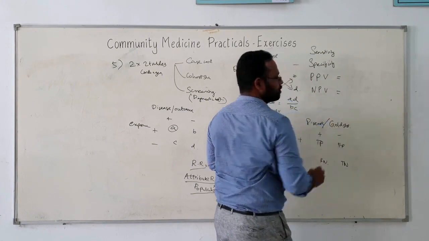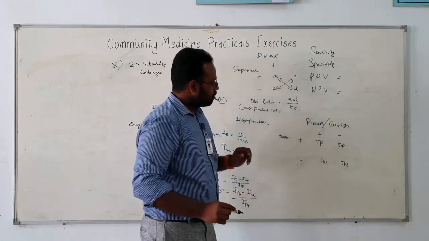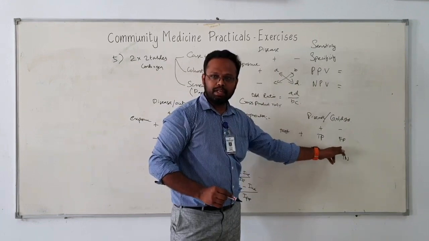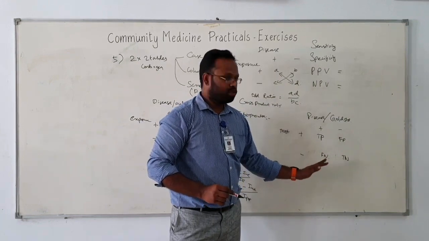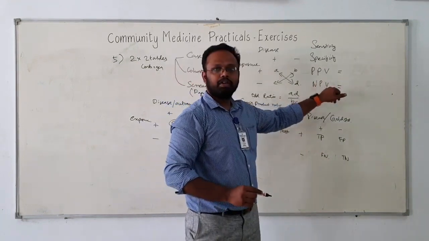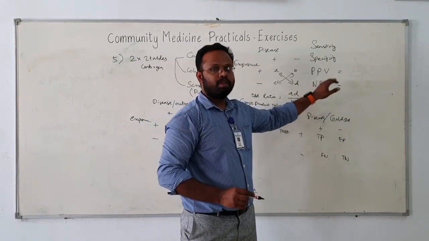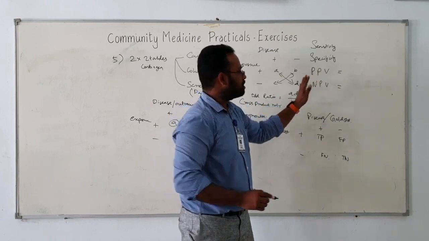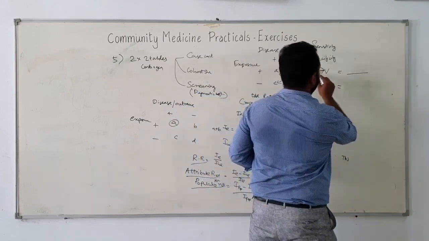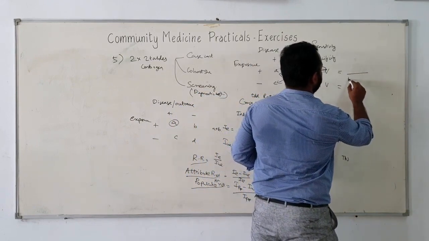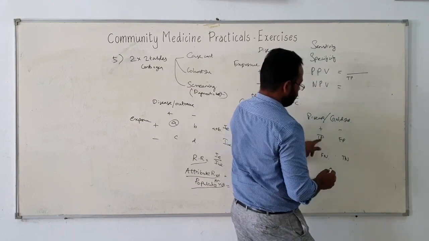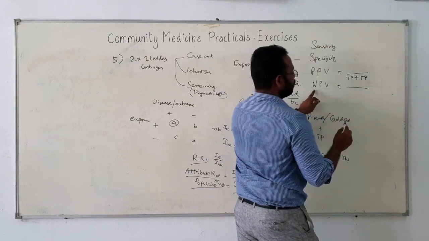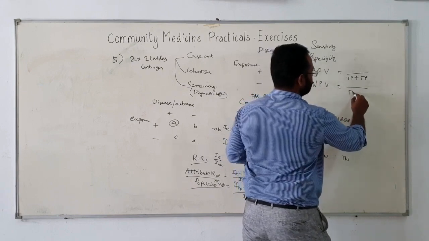How to remember these formulas is very simple. From here A, B, C, D, but in the book it has given us A, B, C, D. I am not using the formula here because it will be good for you to remember the formulas. For predictive value, if it is positive predictive value, all P's will be there. Positive predictive value, all P's. There are 2 P's here, TP and FP, TP by TP plus FP. Negative predictive value means all negatives will be there.